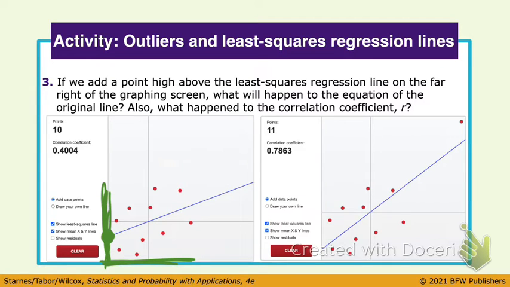A little bit, okay? So my y-intercept, because this new point is pulling the line up, goes down here. So it kind of tilts the line. So this outlier, which is far away and above the least squares regression line, is going to cause our slope to increase. So the slope increases.